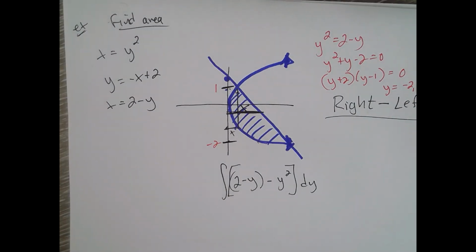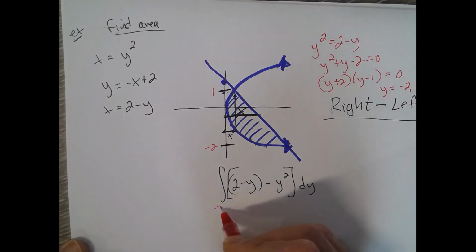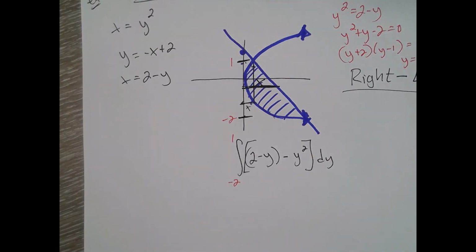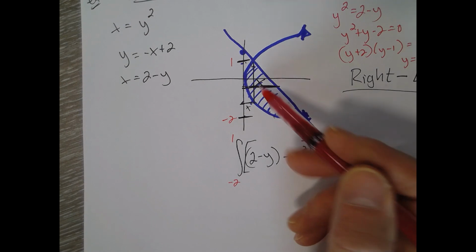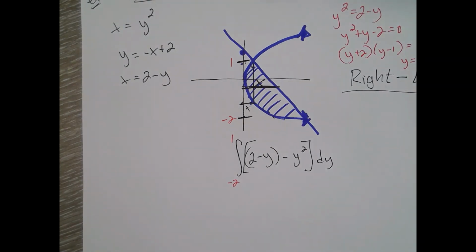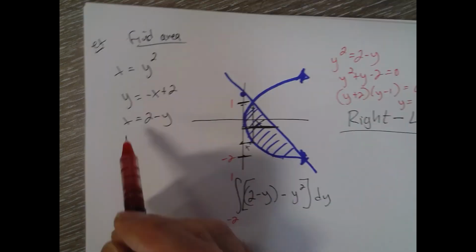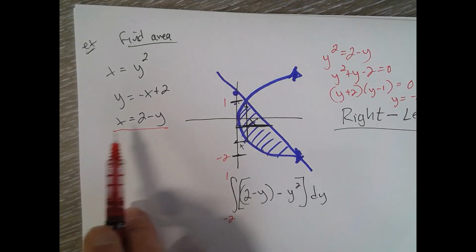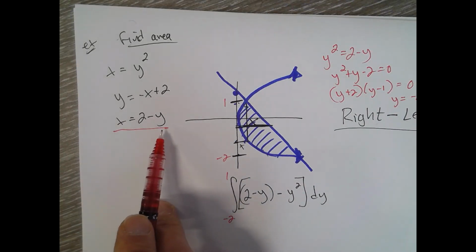So those are my boundaries of integration. Evaluate that integral and you have that area. That's a right minus left scenario, and if you do that, you're always integrating with respect to y. And you need to solve the equations for x so they can be written as a function of y if you're going to do that.